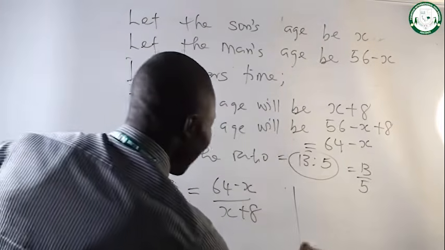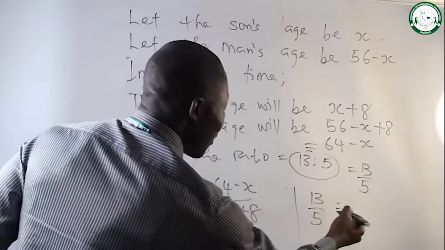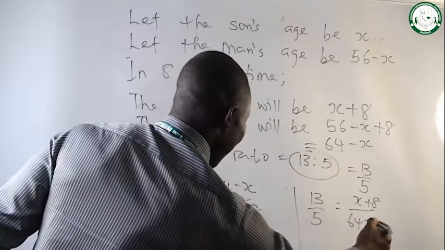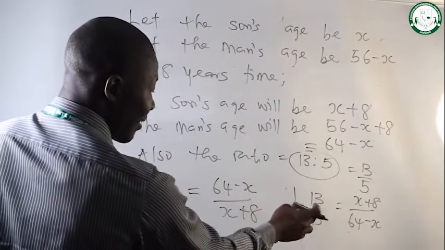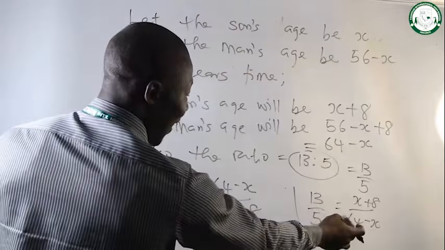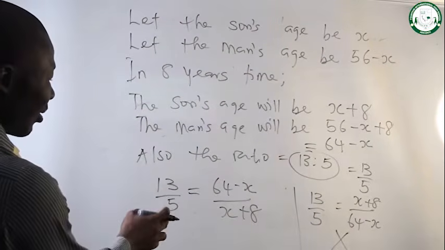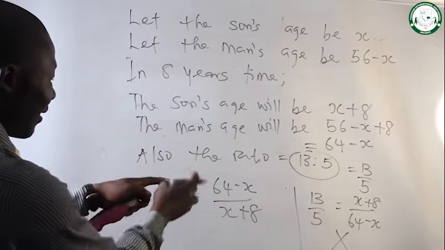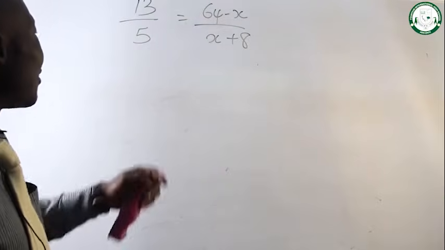If you have it the other way, 13:5 equals x plus 8 over 64 minus x, this one cannot be correct because this is the father, son, and this is son, father. So this one is wrong. It should be father, son, or son, father, consistently. So let's continue.